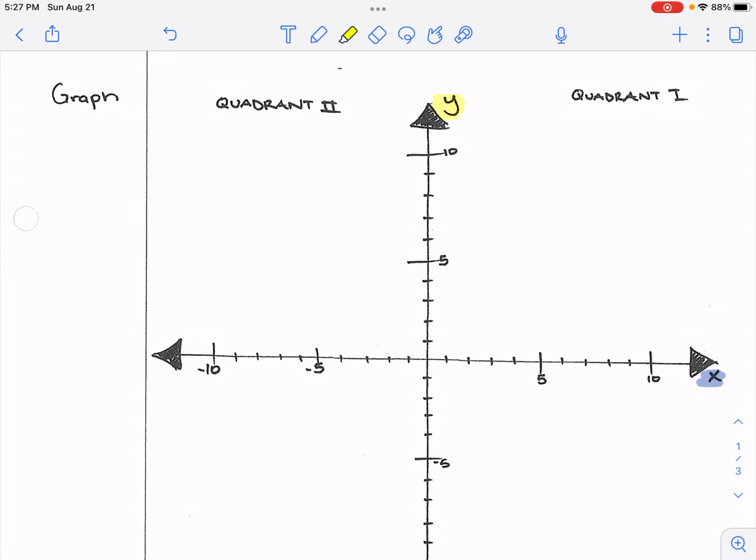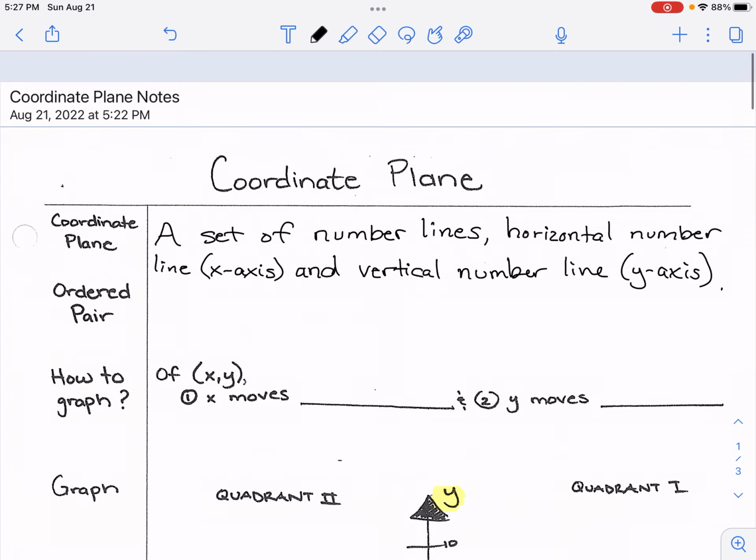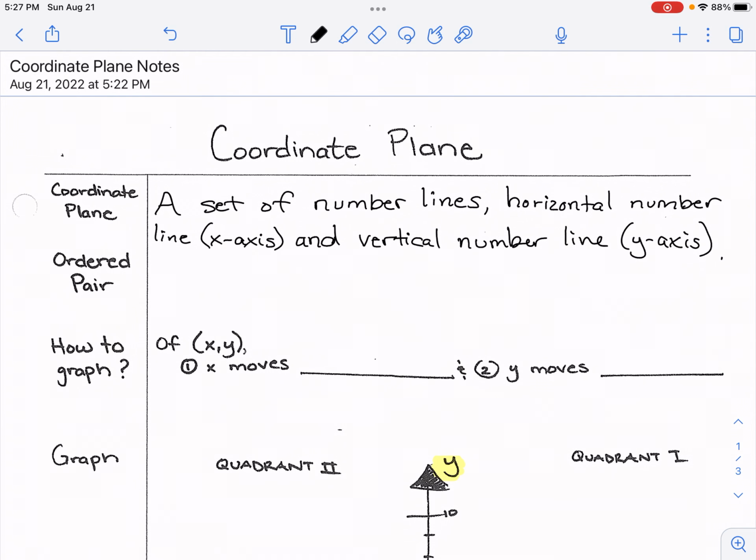Let's get to the next thing, which is locations on the coordinate plane, and those are ordered pairs. An ordered pair is a set of elements, and it looks like this.